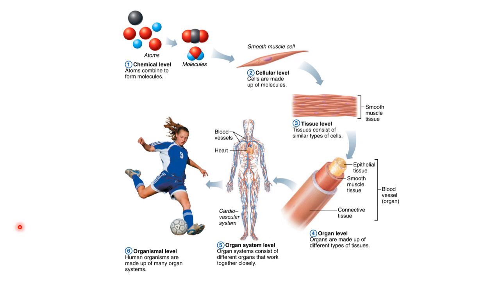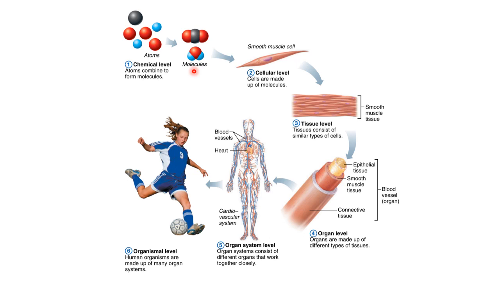And in the human body, there are certain groups of molecules that make up the components of the cell. We call those macromolecules or big molecules. And we have four macromolecules: carbohydrates, proteins, lipids, and nucleic acids. So those four will combine with each other to form the components of the cell.